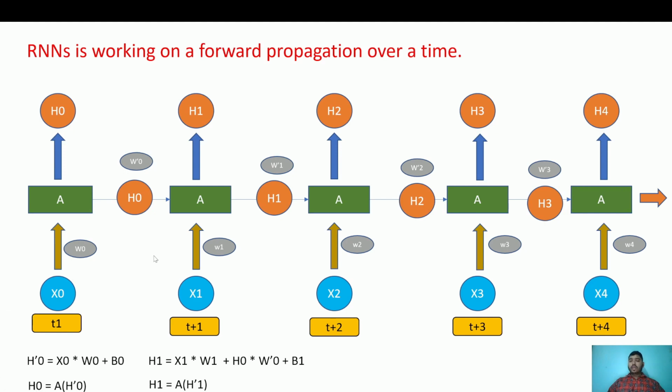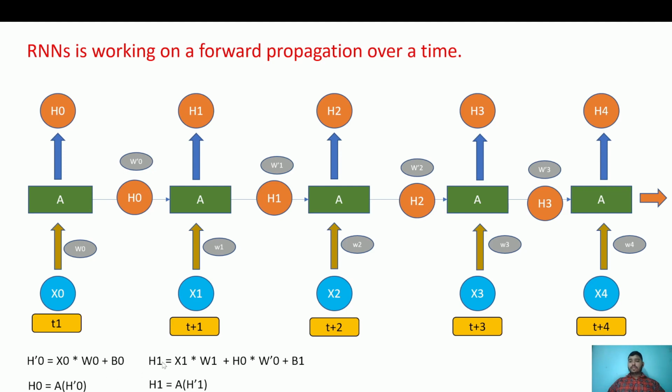And for h1, the formula goes like this: x1 multiplied by w1, plus h0, which is the output of the previous network, multiplied by w'0, which is the weight, plus b1, and we got h'1.